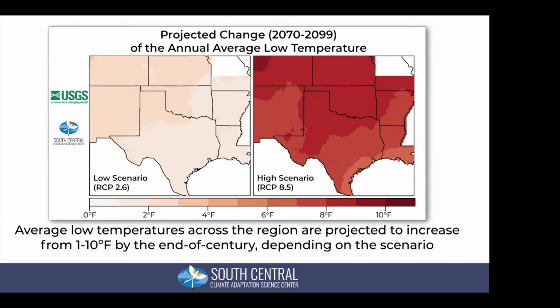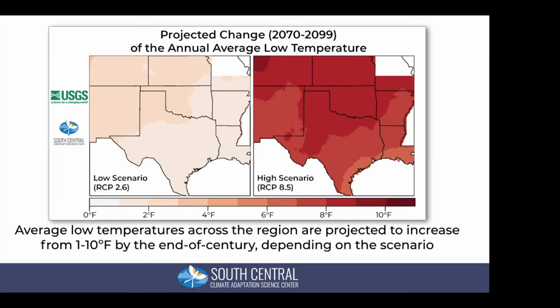By the end of the century, 2070 to 2099, the difference in the 2 scenarios is quite large. If societies choose to quickly and significantly respond to climate change, we can keep our average low temperatures to only 1 to 2 degrees Fahrenheit warmer than today.